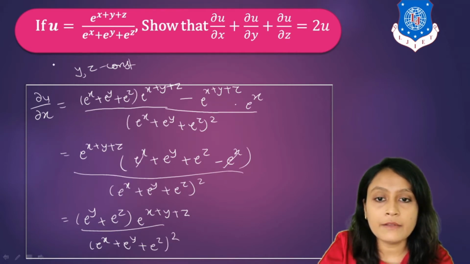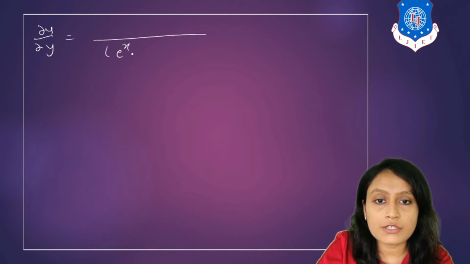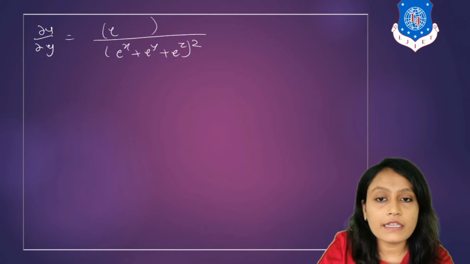So you will get del u by del y with the denominator remaining the same, that is e raised to x plus e raised to y plus e raised to z whole square, right? And here what will you get? Here we are taking the derivative with respect to y, so the y term will get cancelled.